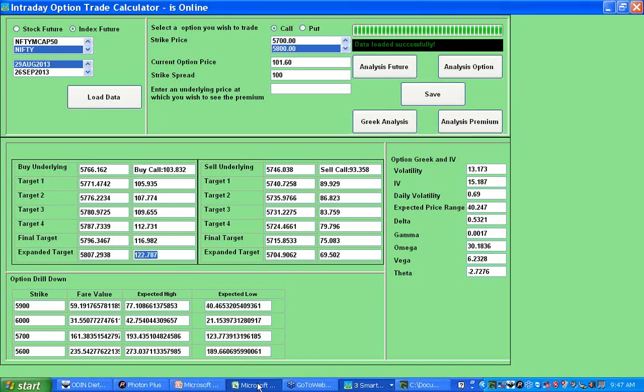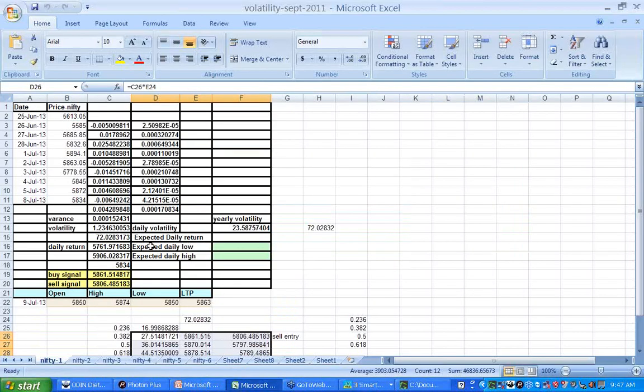So let me explain something on the volatility. How does this volatility system work, let us understand that. Though the software uses a different method to calculate the volatility, for your explanation's sake, I have just devised a small way to explain it. Here I have taken the past 10 days' last traded price into account.